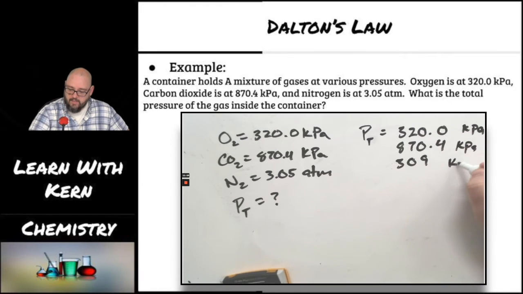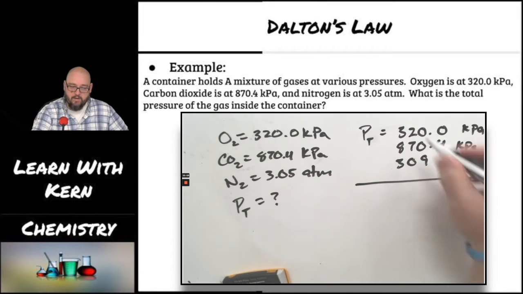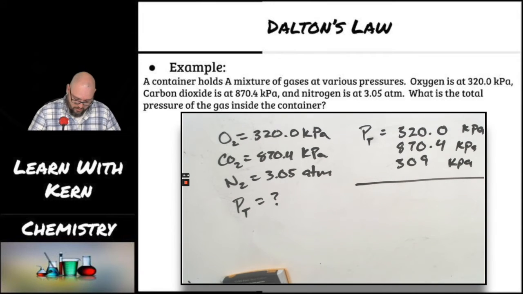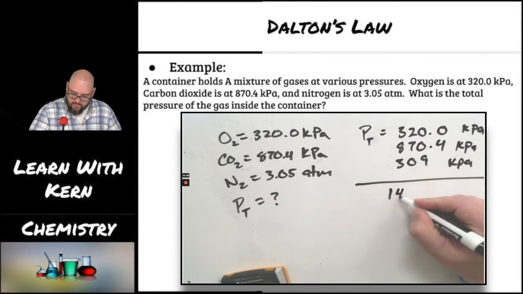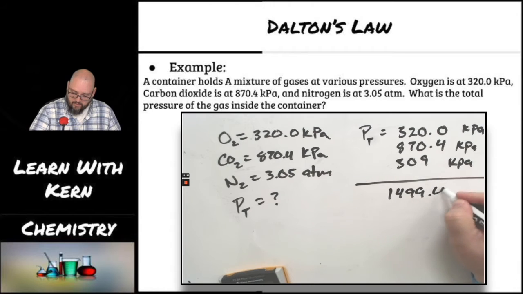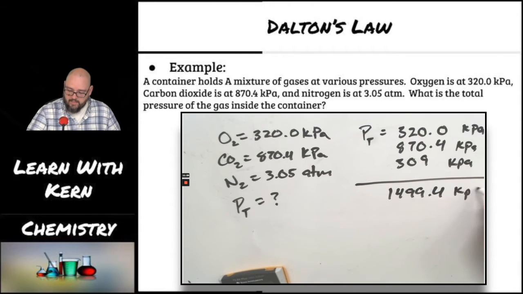So I'm simply going to add all those together. So 309 plus 320 plus 870.4, and that gives me 1,499.4 kPa. But since we have just added them together, when you add, remember, we go by decimal places.